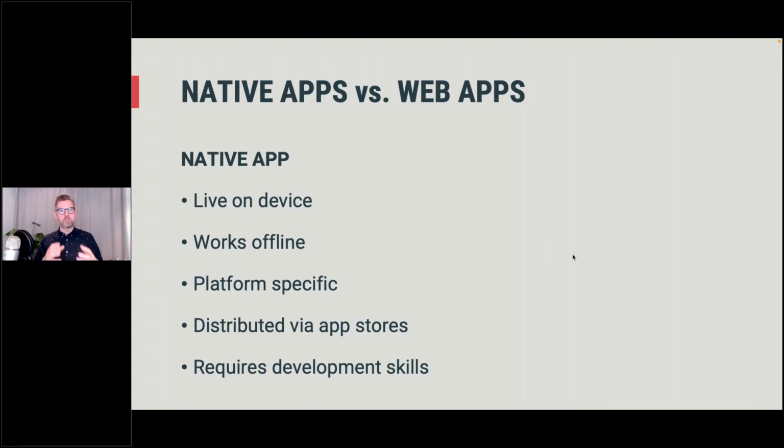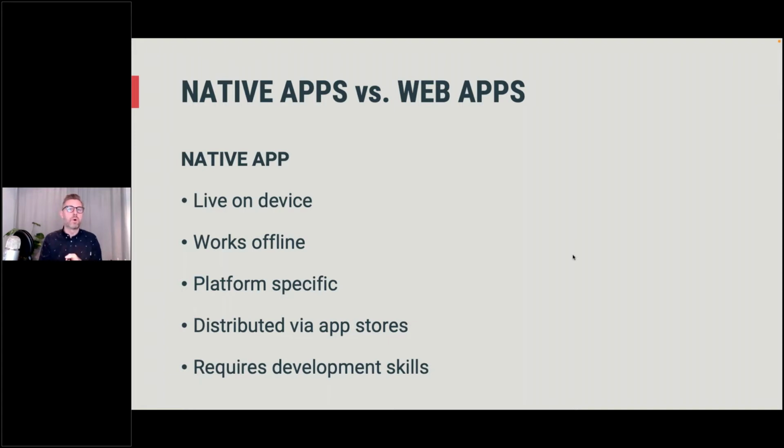So these are built and downloaded onto the phone, so they live on the device. They can work both offline and online if they have the capabilities for that. They're specific to the platform that you've built them for. So if you build an iPhone app, it only works on iPhone, and if you build an Android app, it only works there. You have to go through an app store to distribute it, which means that it has to follow certain rules.